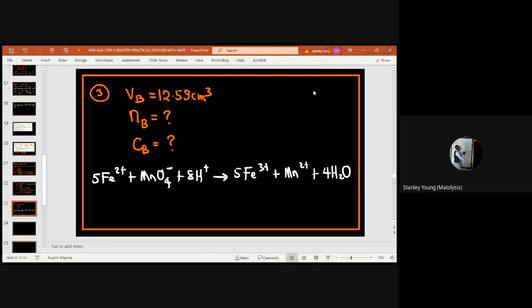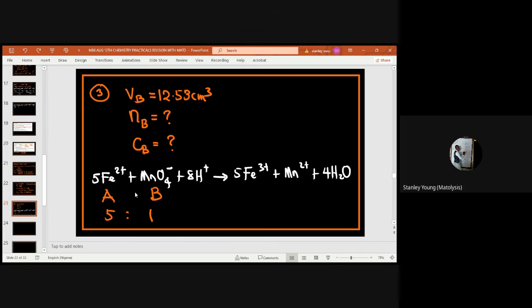Now, in the equation, this is the KMnO4, which is labeled B. This is the Fe2+, which is labeled A. The ratio between them is 5:1. Meaning for every one MnO4-, we have 5 Fe2+.